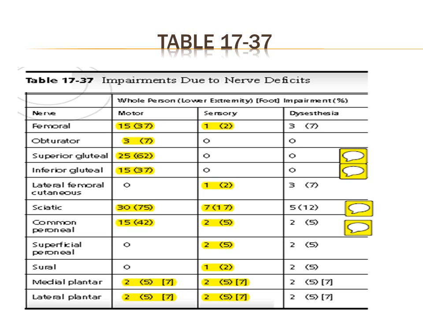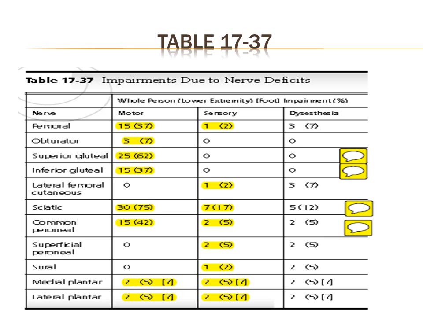Notice also that some of the nerves provide for 0% impairment due to loss of sensory function. That would be the obturator nerve, the superior gluteal nerve, and the inferior gluteal nerve.